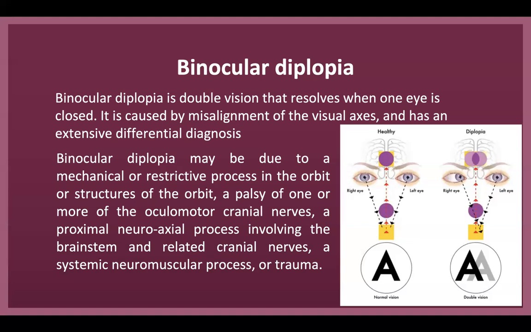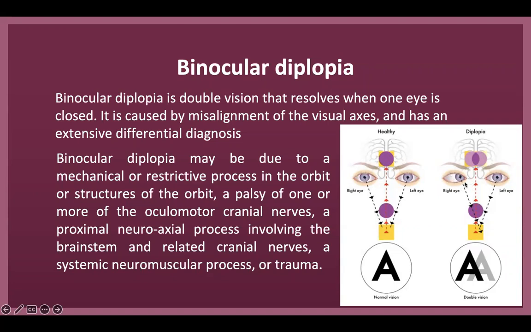So as we see in the diagram here, this is the normal vision. The distances are the same, and there is convergence with both eyes working together to see one image. But here, this right eye is deviated a little bit to the medial side. So the distance is different now between the right eye and the object and the left eye and the object. So the image started to be double vision.